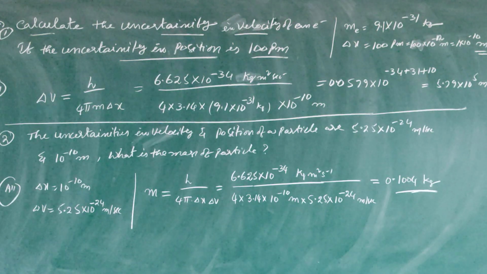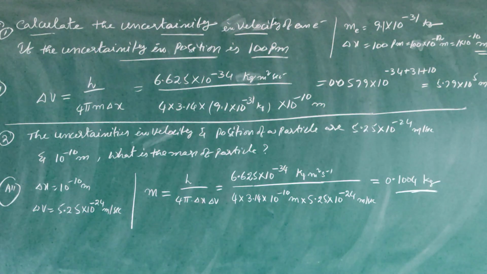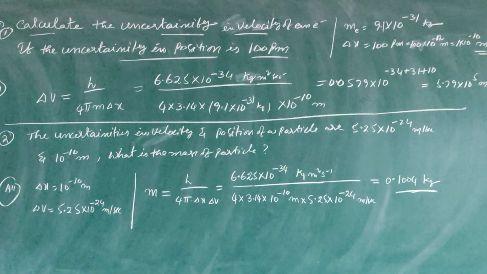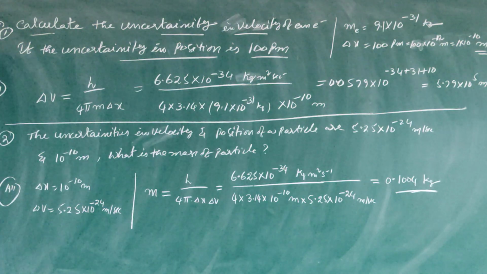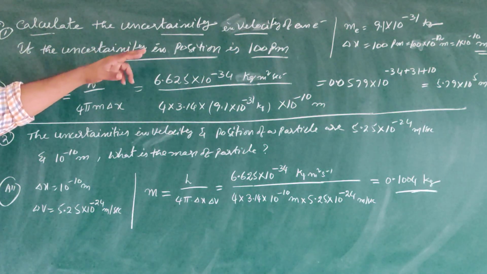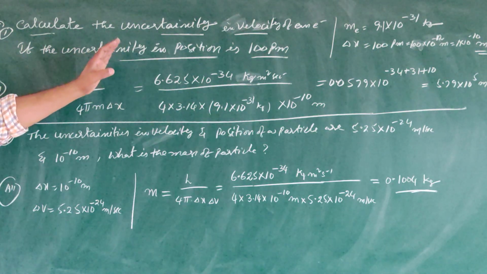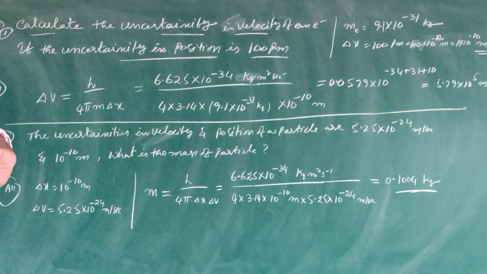Next one, we are going to discuss a few model numericals on Heisenberg principle. The first one is: calculate the uncertainty in velocity of an electron if the uncertainty in position is 100 picometers.